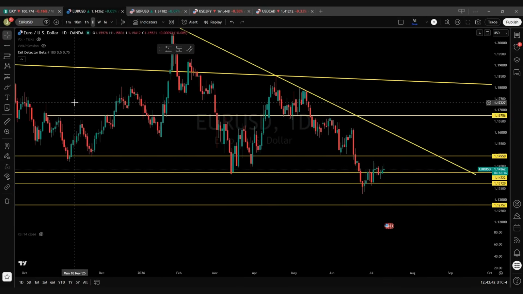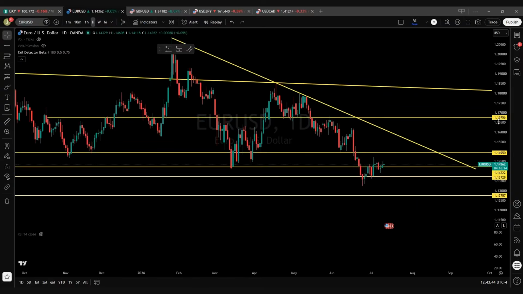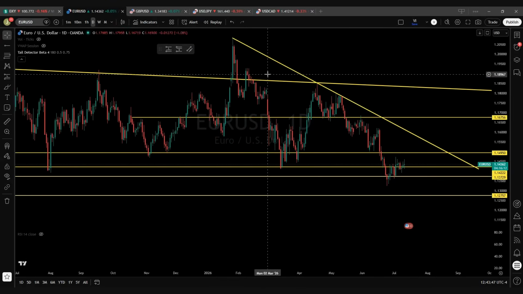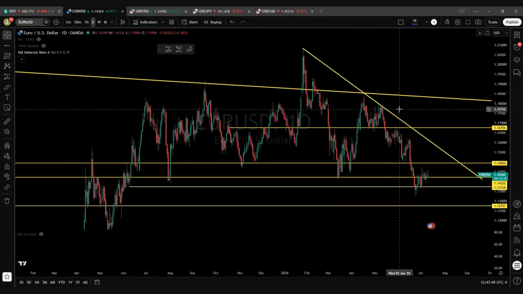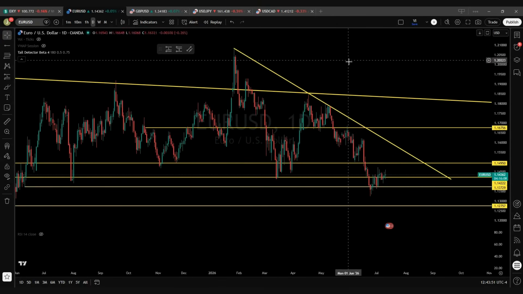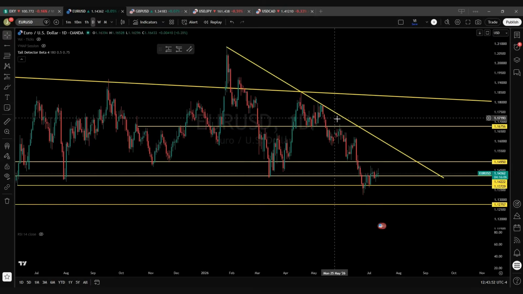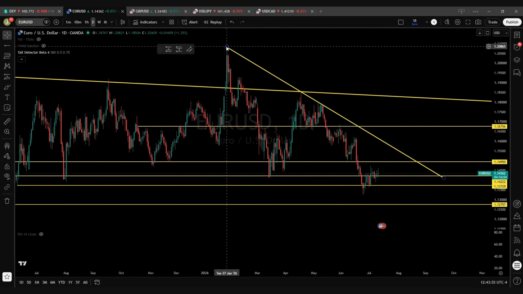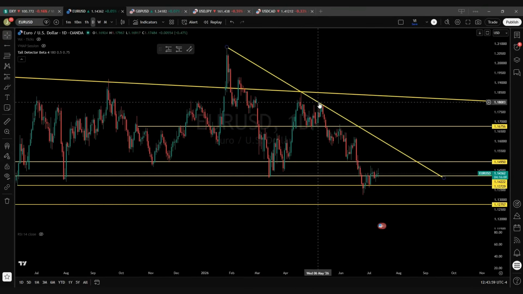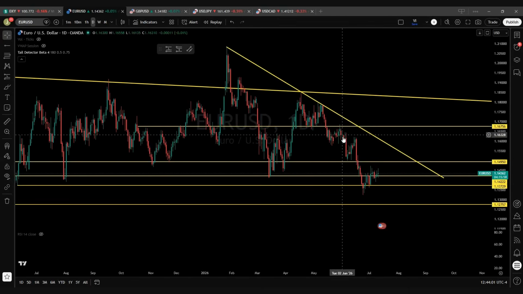If price can get above that, I have this next pivot more on a swing basis at 1.16756. Overall, I have this downsloping trend line acting as resistance from this high pivot from January 27th, guiding price all the way down through here, and now has since faded.